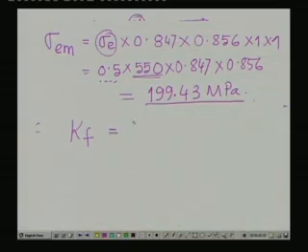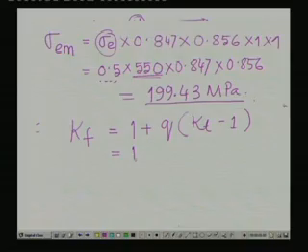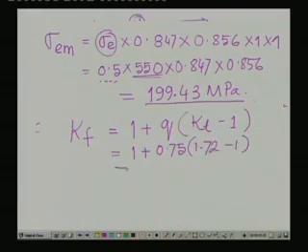This Kf equals, you remember the well known relationship, 1 plus q into Kt minus 1, and putting in these values, we have noted down that q for bending was 0.75, and this was 1.72 minus 1, that gives us the value as 1.54.